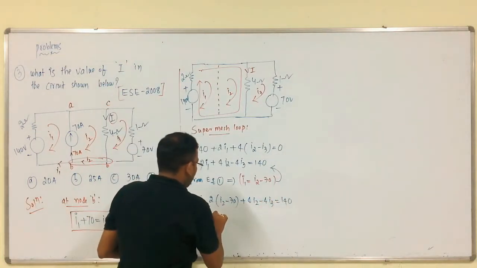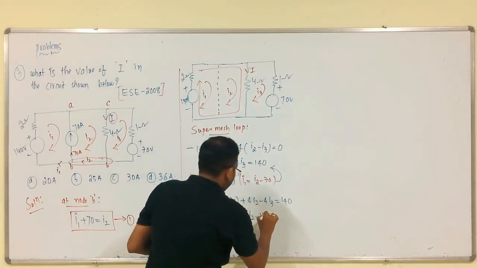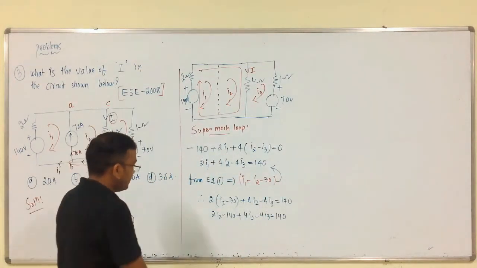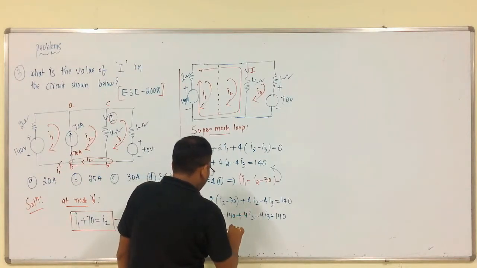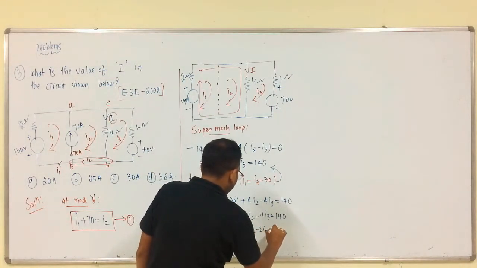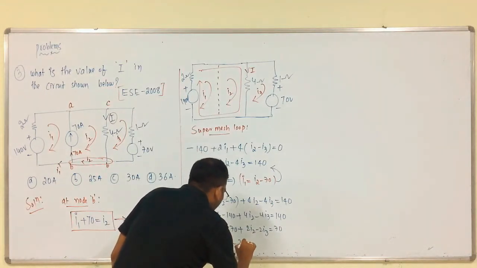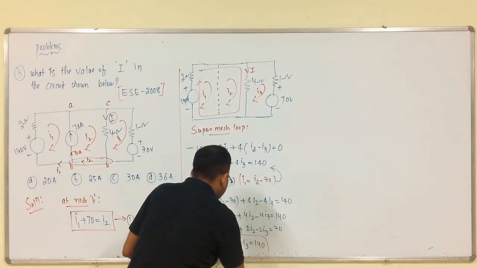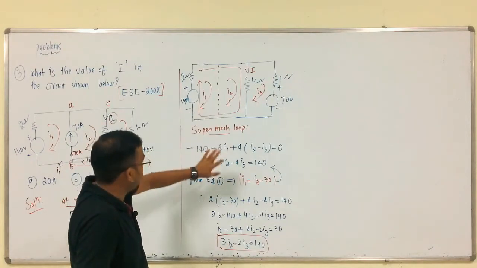So, 2 I2 minus 140 plus 4 I2 minus 4 I3 is equal to 140. Divided by 2, we get I2 minus 70 plus 2 I2 minus 2 I3 is equal to 70. Therefore, 3 I2 minus 2 I3 is equal to 140. This is the KVL equation from this super mesh loop.